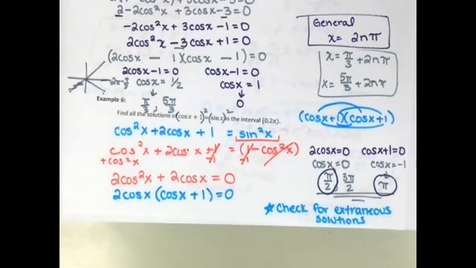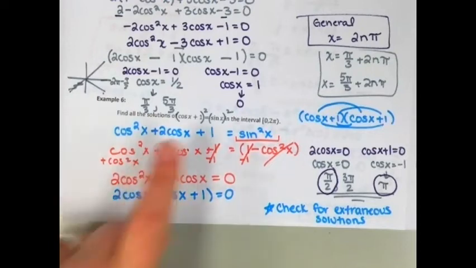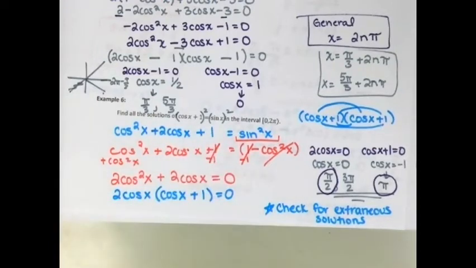But what's the sine of 3 pi over 2? Isn't that negative 1? So does 1 equal negative 1? No. So that's why 3 pi over 2 is not a solution.